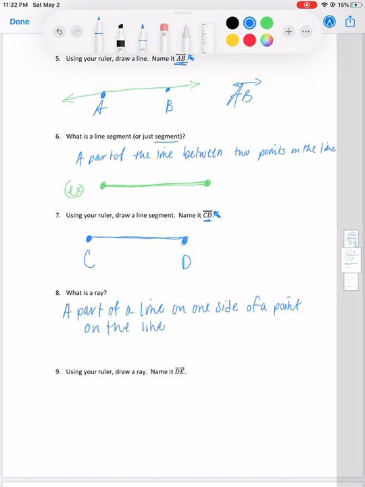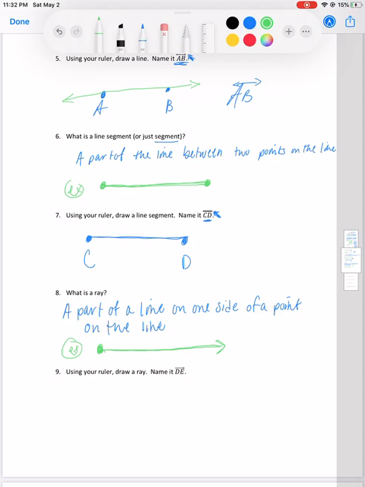Okay, and so we have our example here. We're going to draw a point here, and it's just one side of the line here, one side of the point. So that means we extend the rest of it forever. So it's like a line that has a starting point and no ending point.